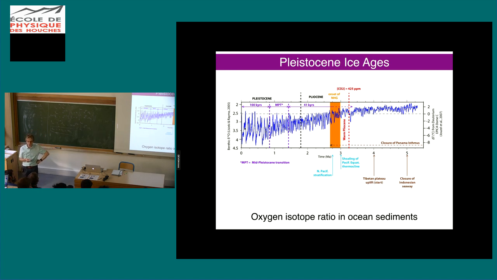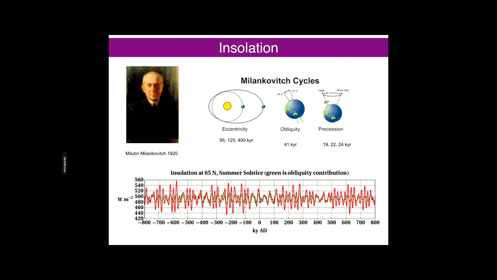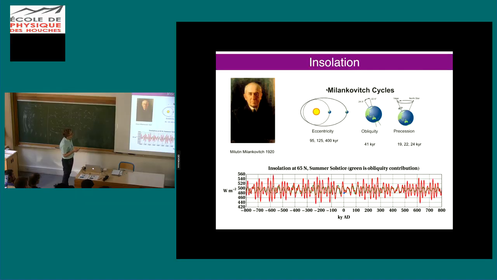This is the classical ice age problem. And the question is, where does this time scale come from? Well, this was, of course, initiated by Milankovitch, whom you all heard of, I suppose. If you look at the external forcing, there are dominant frequencies in insolation, and they're listed here for precession, obliquity, and eccentricity.